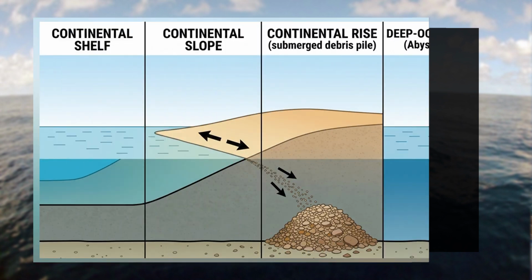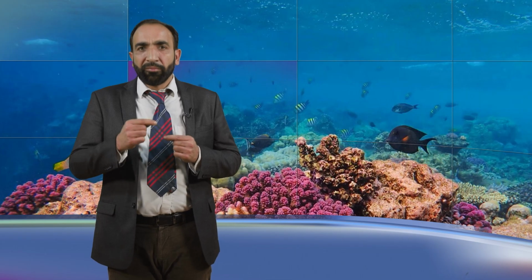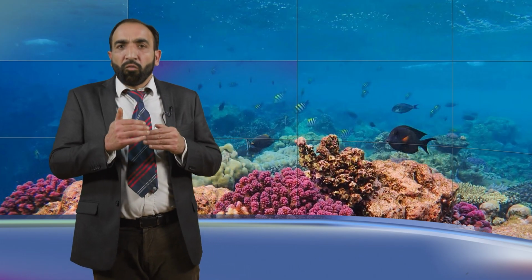The continental rise is a transition zone between the continental margin and the deep sea ocean floor, made up of a large submerged pile of debris. Where did all this debris originate and how did it arrive there? The presence of turbidity currents indicates that the material transported by these currents is responsible for forming continental rises.